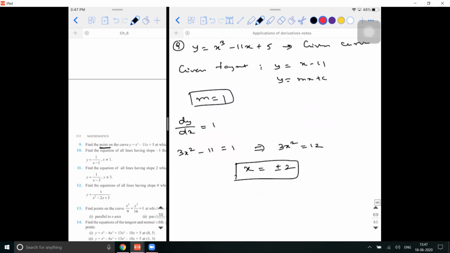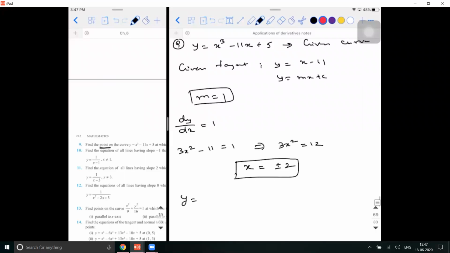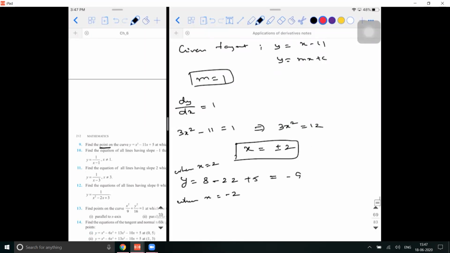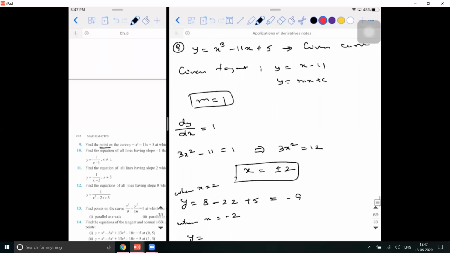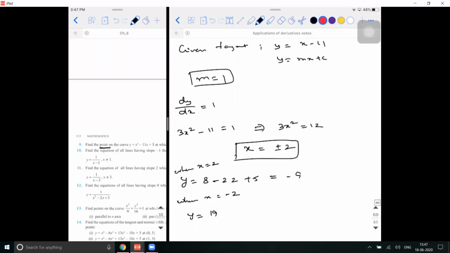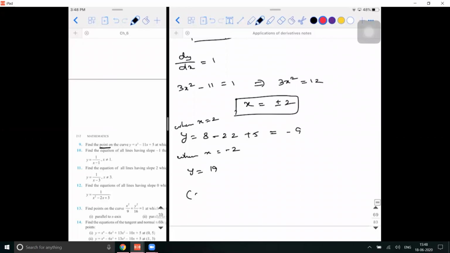So when x is equal to 2, what is the value of y coordinate? 8 minus 22 plus 5, so minus 9. When x is minus 2, 19. So the coordinates of the point are 2, minus 9 and minus 2, 19.